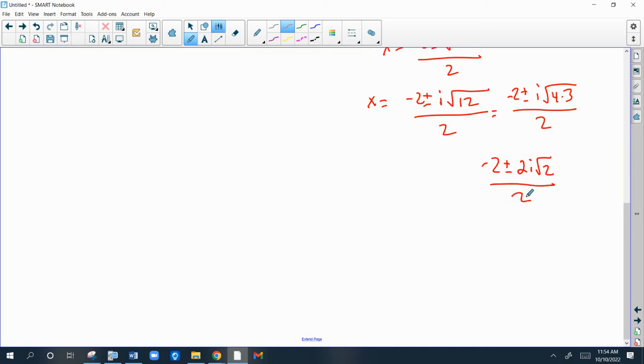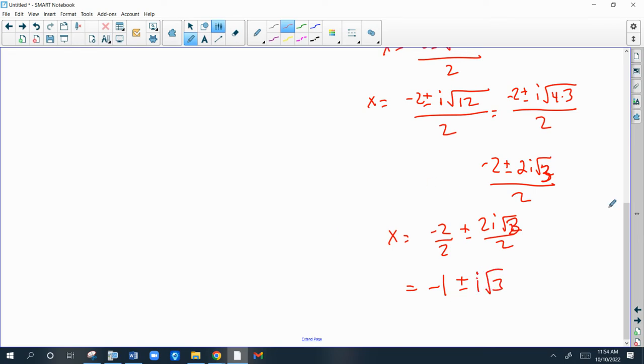And finally, I'm going to split my fraction apart, negative 2 over 2, plus or minus 2i root 3 over 2. And it simplifies into negative 1, and these 2's will cancel here, plus or minus, oops, I made a mistake. I see that right now. That's a root 3 in there from here. So plus or minus i root 3.